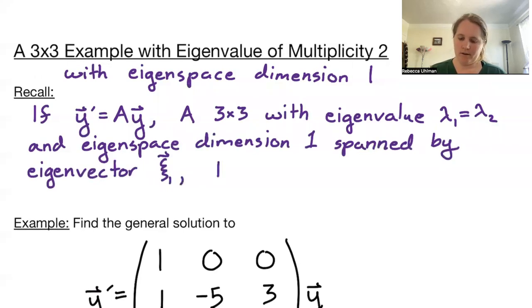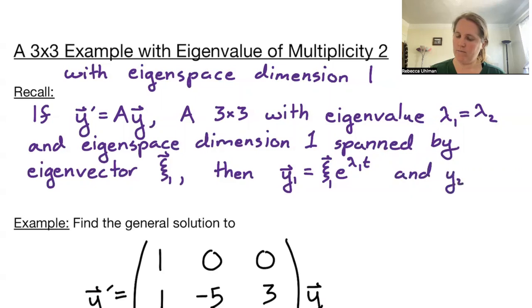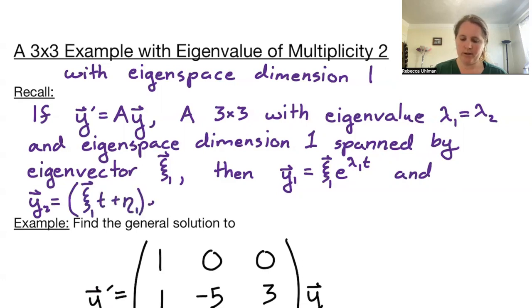Then y1 equals xi1 times e to the lambda 1t, and y2 equals in parentheses xi1t plus eta 1 close parentheses times e to the lambda 1t.